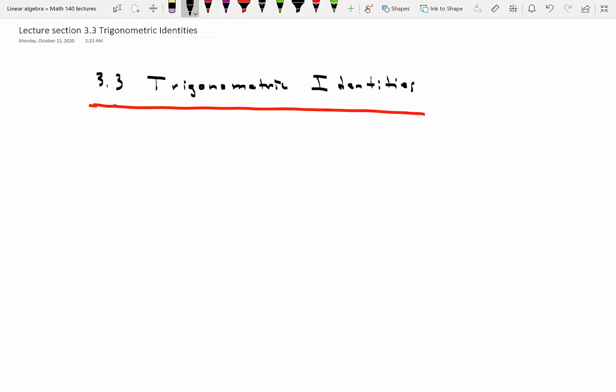In this section, we look at trigonometric identities. You're familiar with a handful of the trig identities so far. Examples are sine squared theta plus cosine squared theta equals 1, and tangent of theta equals sine of theta over cosine of theta.